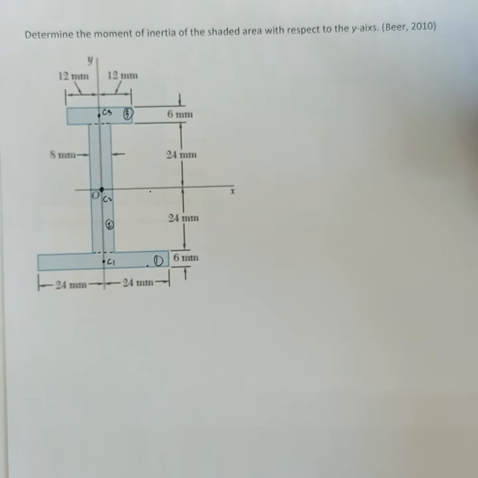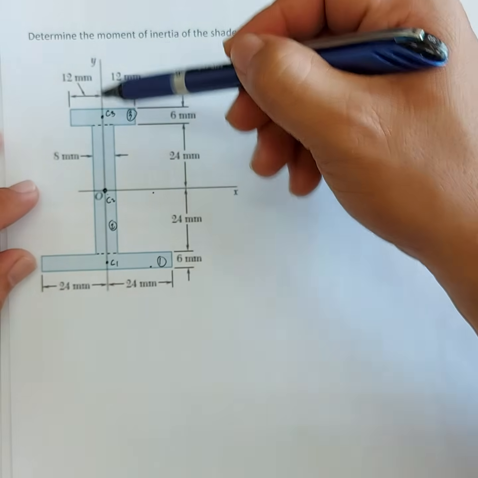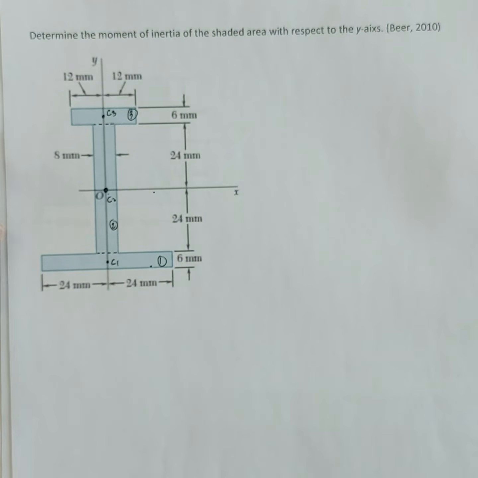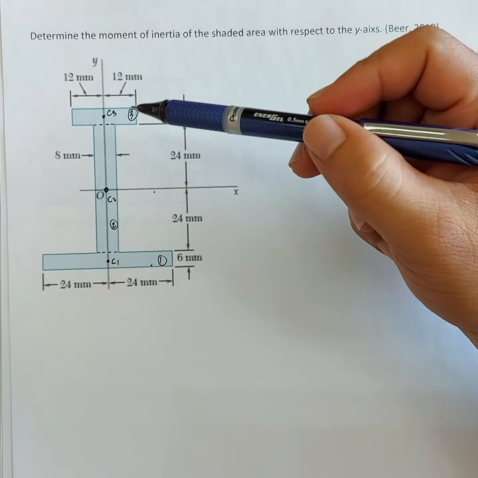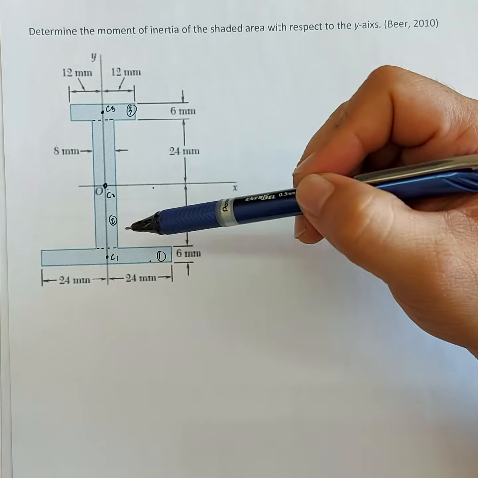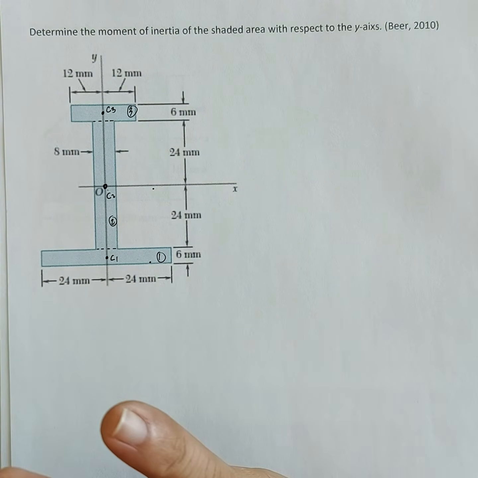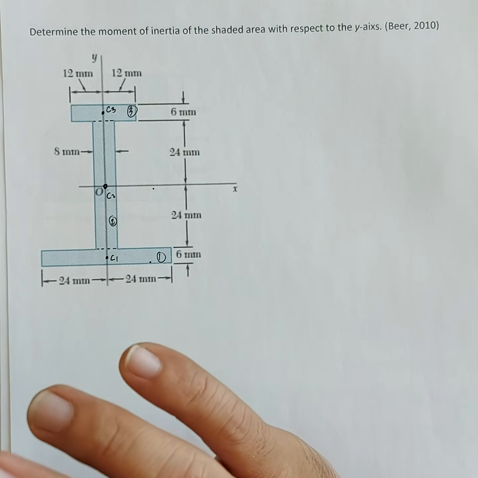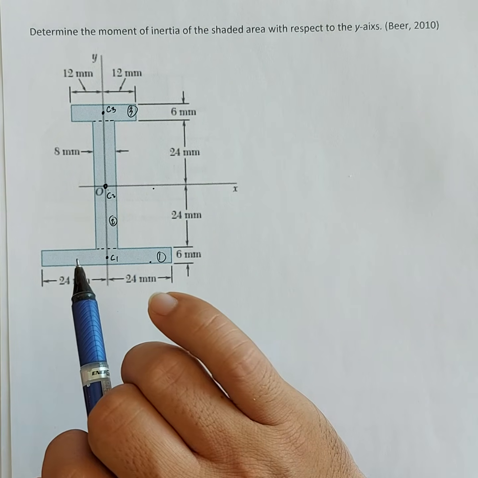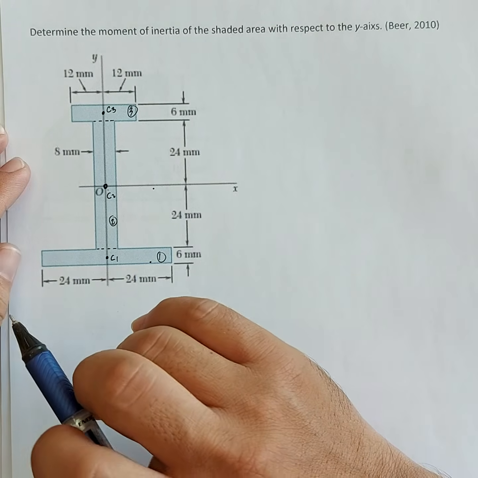But since the problem is asking us to solve for the moment of inertia about the y-axis, in which yung center ng buong section, center ng area 1, area 2, area 3 ay magkaka-align, that means we do not need to use the transfer formula. The moment of inertia of the whole section is just the sum of the moment of inertia of each section. Okay? So, very simple.